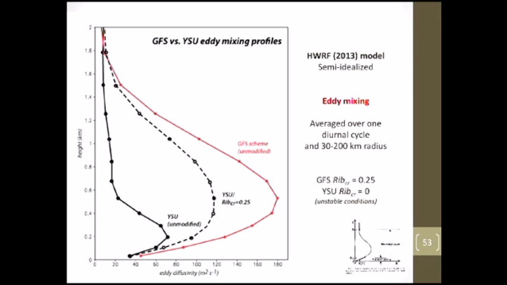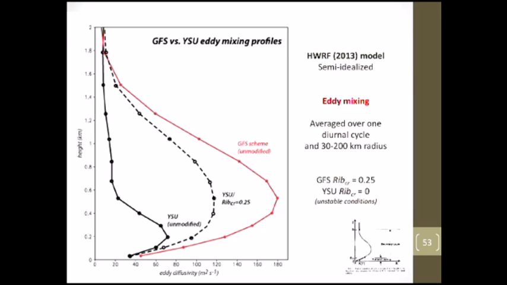So as I said, it's not all of the difference, but if I choose a larger critical Richardson number, you get larger boundary layer depths, you get greater mixing, and the height of the maximum mixing is shifted upwards from the sea surface more into like 500 meters above the sea surface, okay?